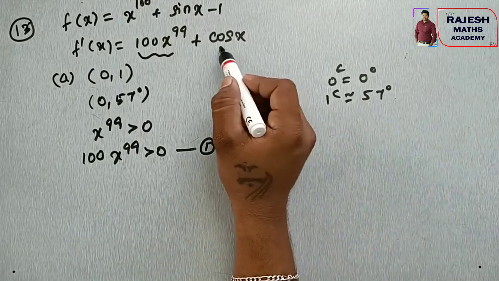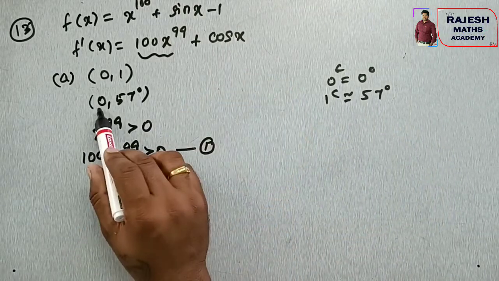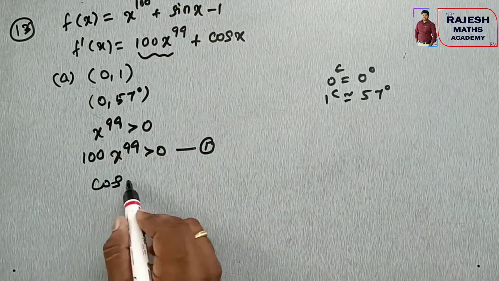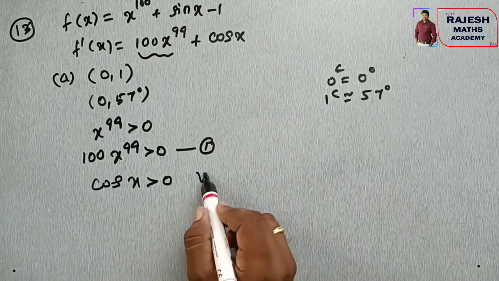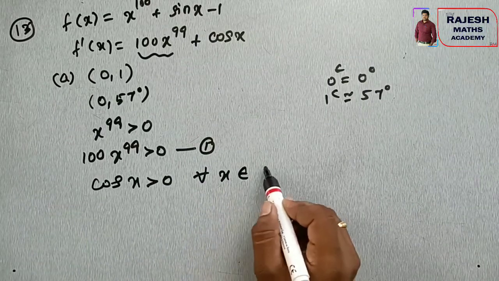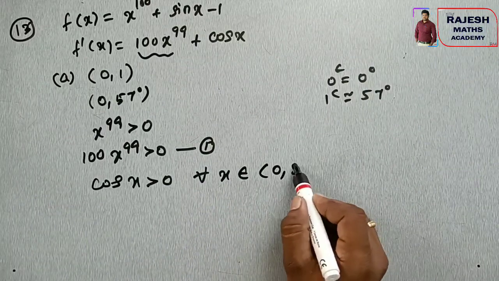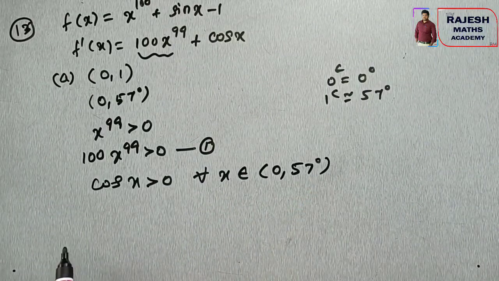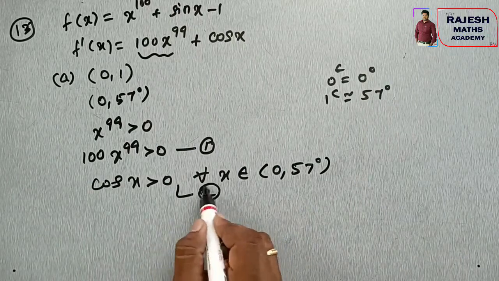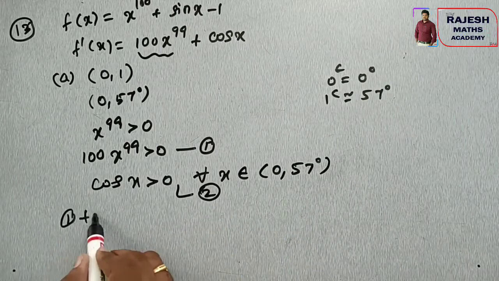Next, the function cos x is positive in 0 to pi. So we can write that cos x is greater than 0 for all x belonging to the open interval 0 to 57 degree. We take this as 2.